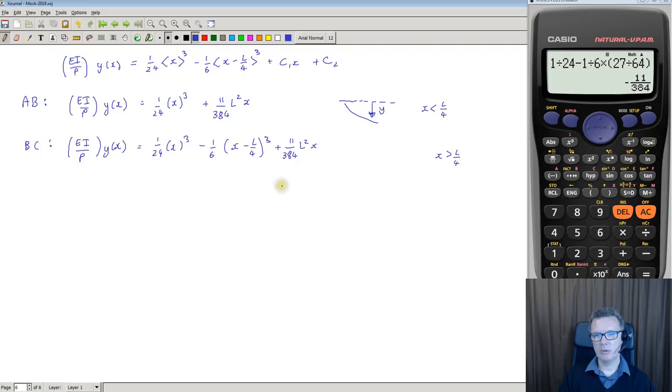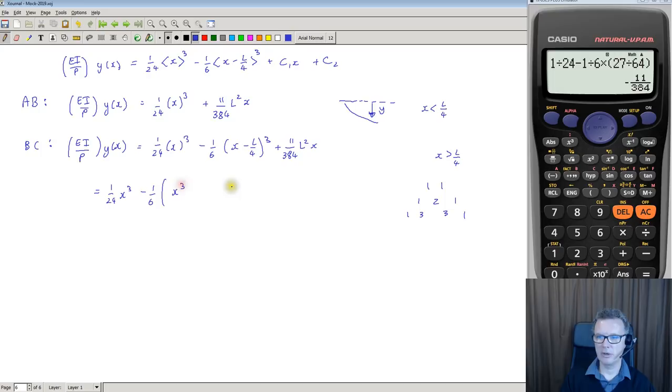So what you need to do next would be to expand out this bracket here. The only way I can do that would be using Pascal's triangle. Like that. So that gives me 1 over 24 x to the power 3 minus 1/6. And we'll expand out the bracket.